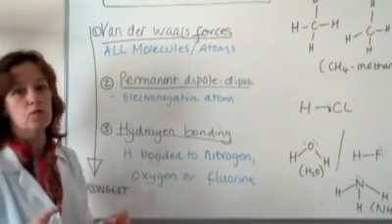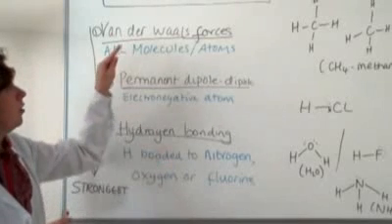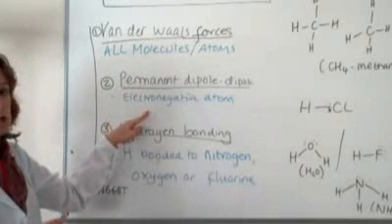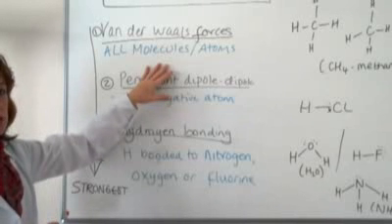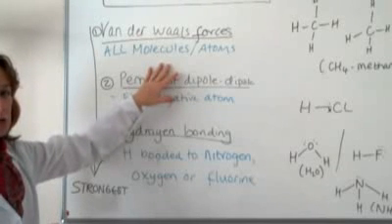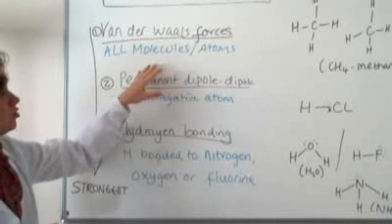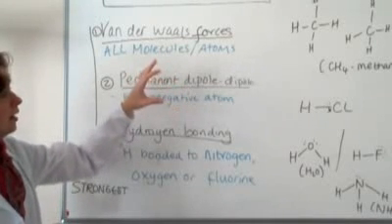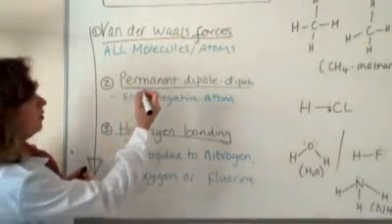Okay, so we're still looking at intermolecular forces here. Three types, remember this? We've got van der Waals, permanent dipole-dipole, and hydrogen bonding. Van der Waals is the weakest. It's also called temporary dipole-dipole because as two atoms come together, the electrons form on one side or another of the atom.